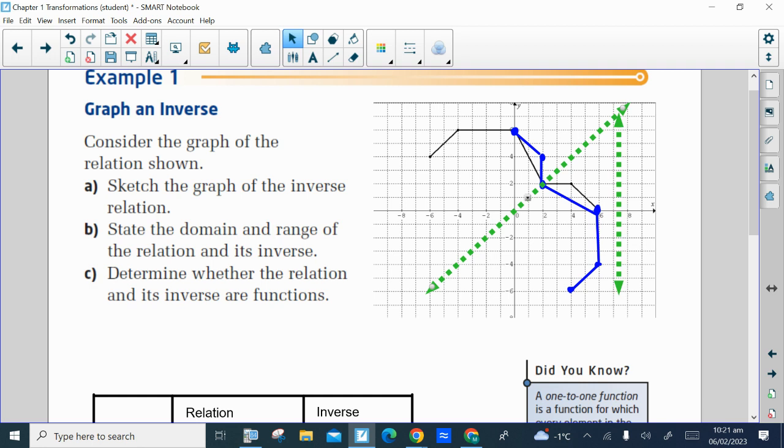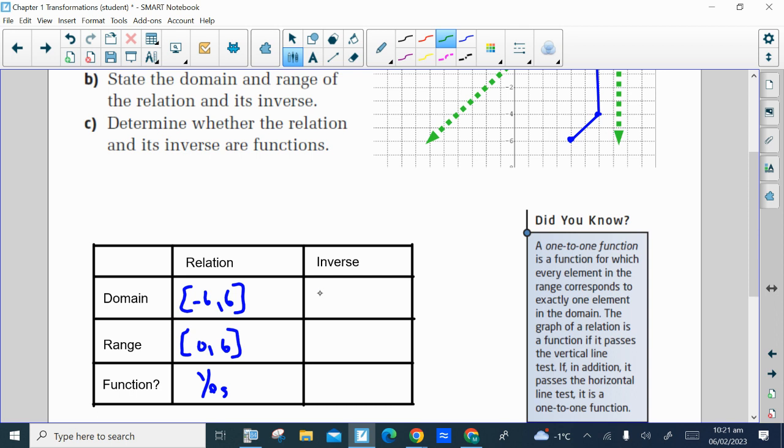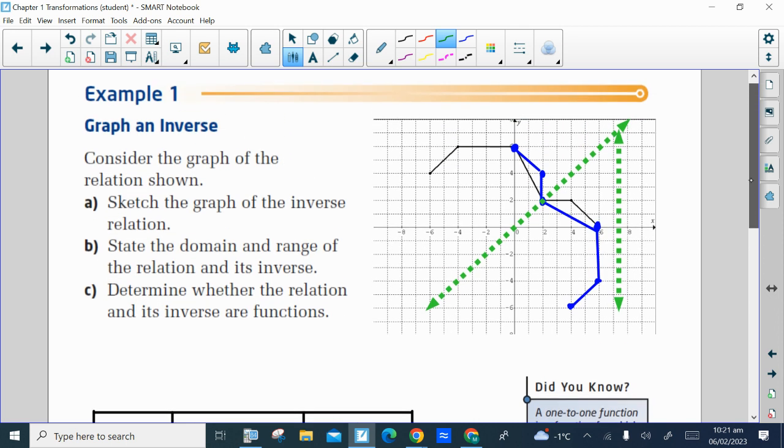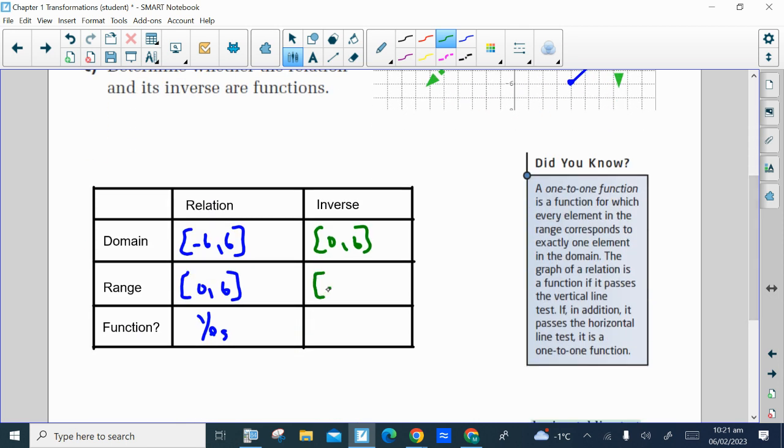So the domain of the new graph goes as far left as the y-axis, where x is 0, and as far right as positive 6 on the x-axis. So the domain goes from 0 to 6. The range goes from a minimum value of negative 6 up to a maximum value of positive 6.